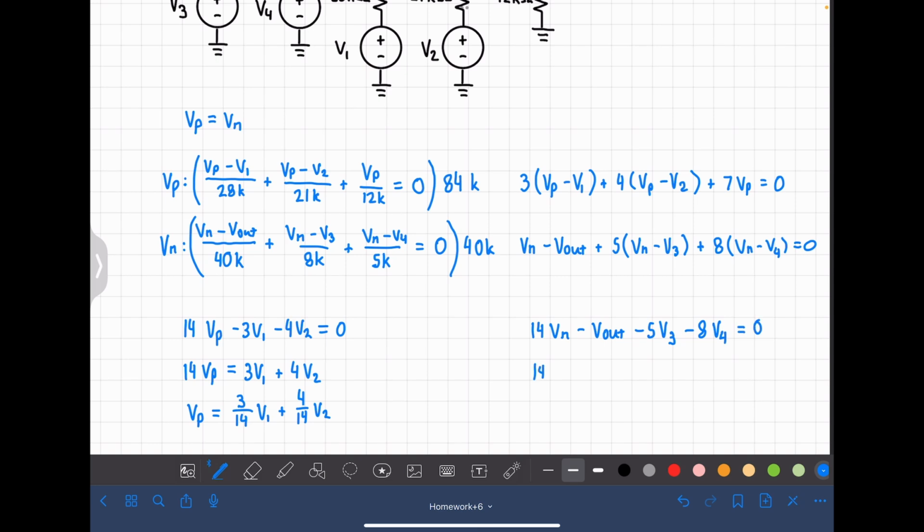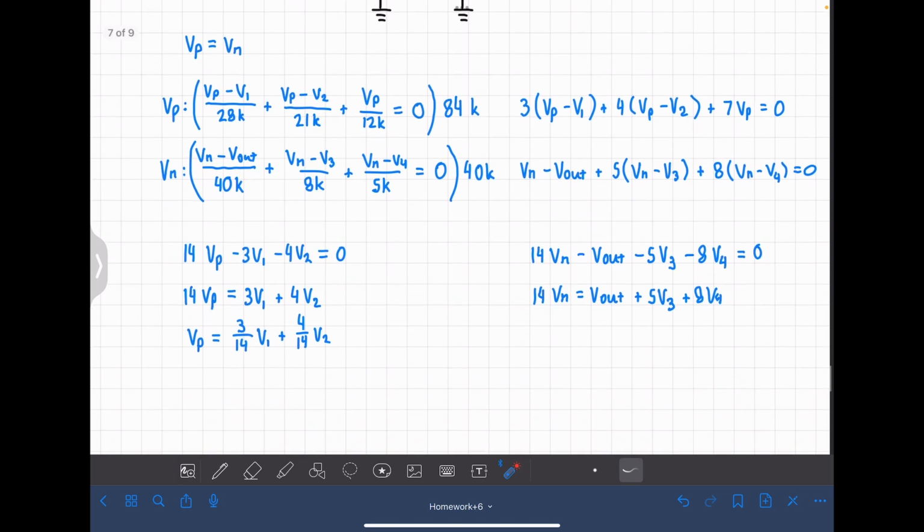So 14Vn equals Vout plus 5V3 plus 8V4. It looks like we don't have to divide by the 14 because we have 14Vp over here and 14Vn over here. So we can go ahead and just set these equal to each other.